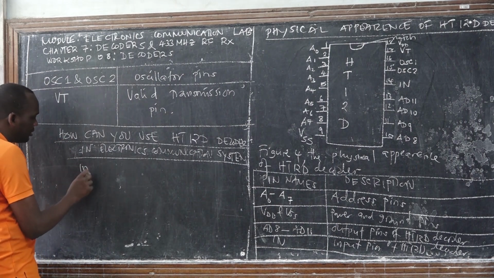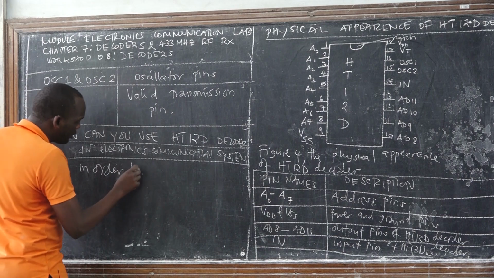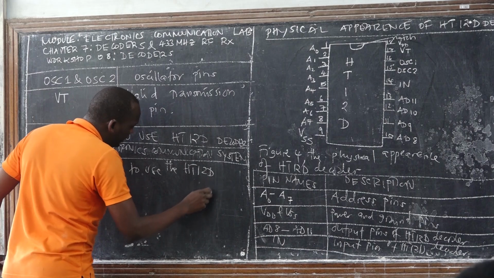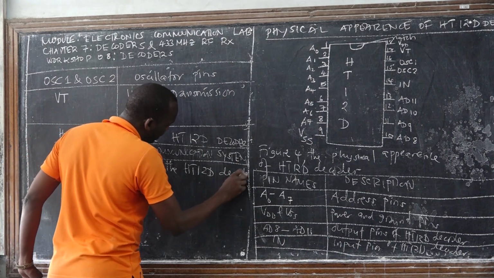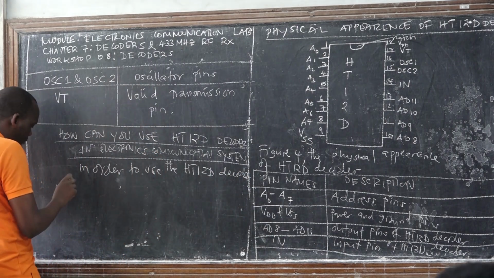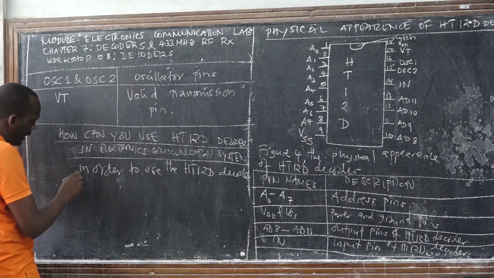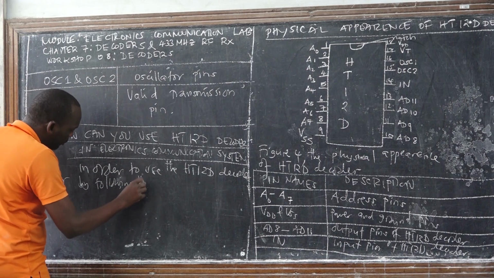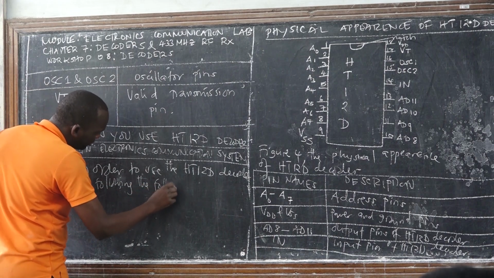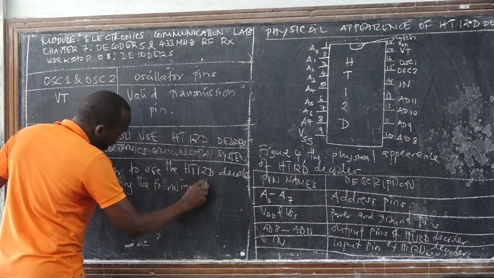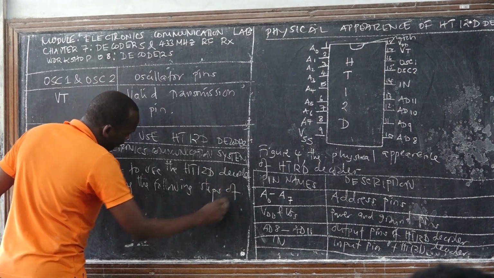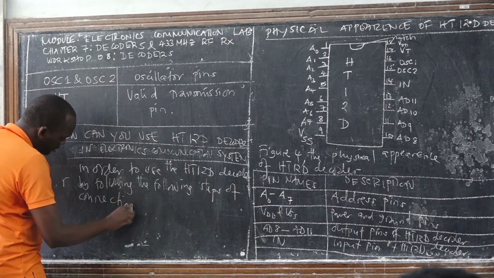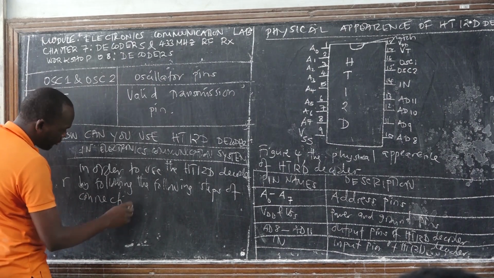In order to use the Ht12D decoder, online students, you can pause the video and try to think how you can use it by following the steps of connecting it.